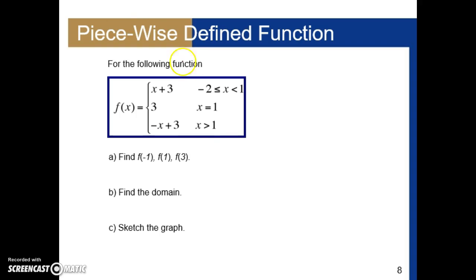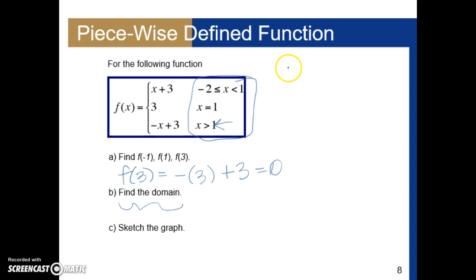We'll continue on here. So we were finding f of 3, and we said that that is going to be part of this domain. So that is negative 3 plus 3, which is 0. So find the domain. Well, here are the pieces of our domain. We know that we are going to start at negative 2. There's no other domain value on here smaller than negative 2.